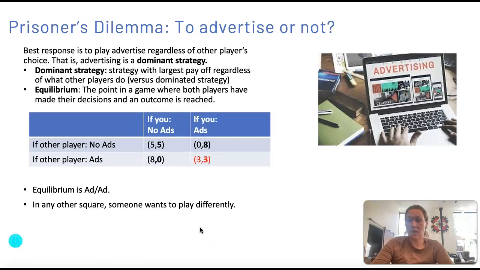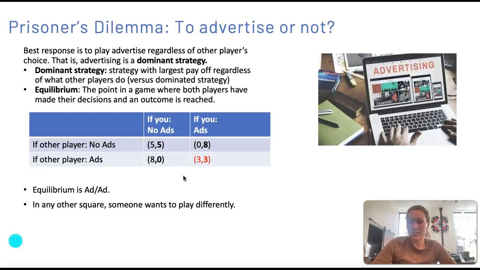So in a prisoner's dilemma, there is what's called a dominant strategy. That means you have a best response regardless of what another player's choice is. There are times where you might have a different response depending on what your competitor does, or you have better payoffs in different scenarios depending on what your competitor does.